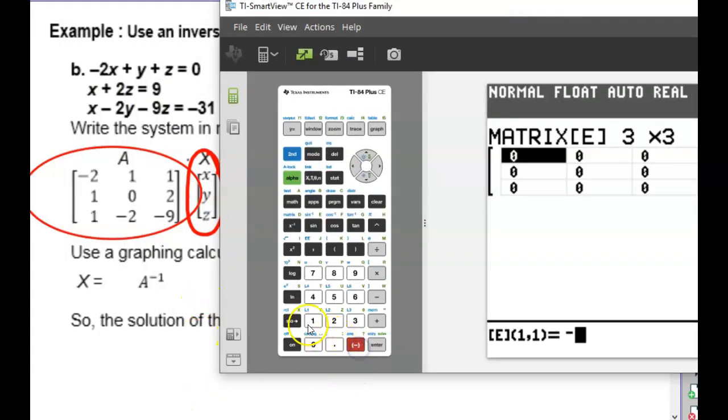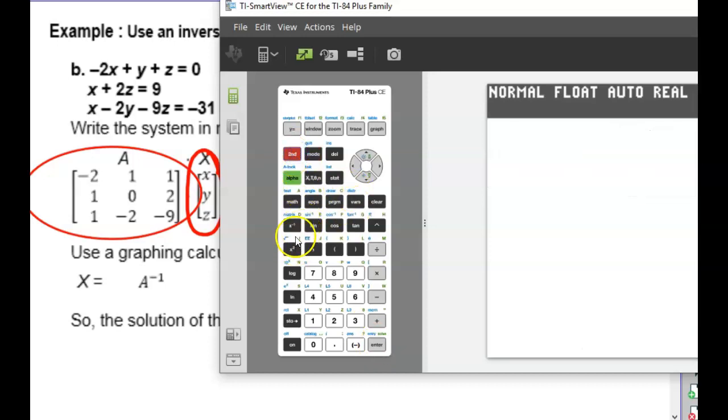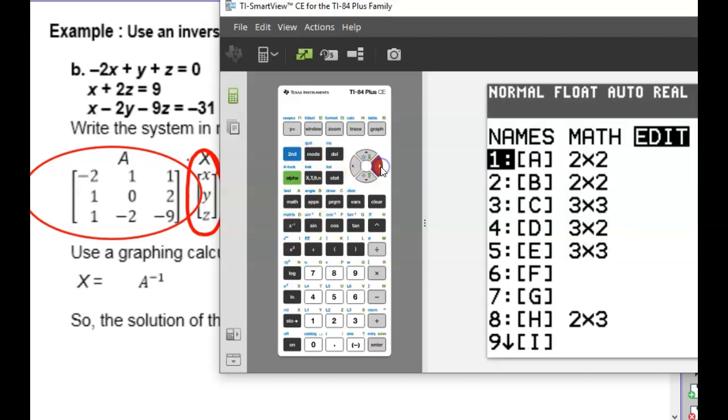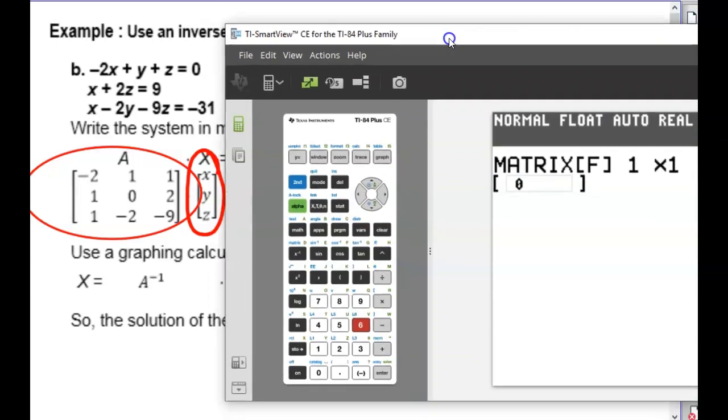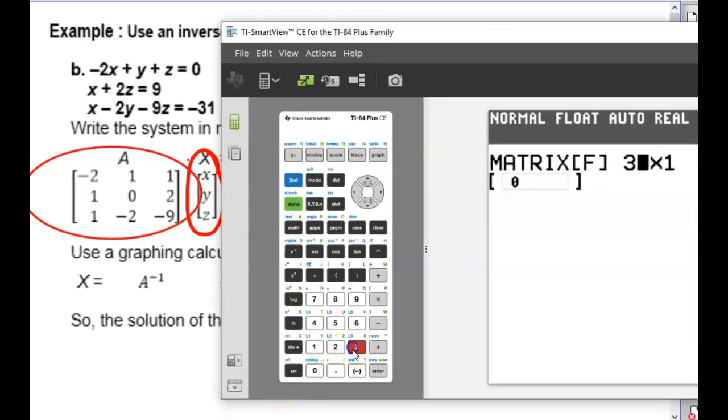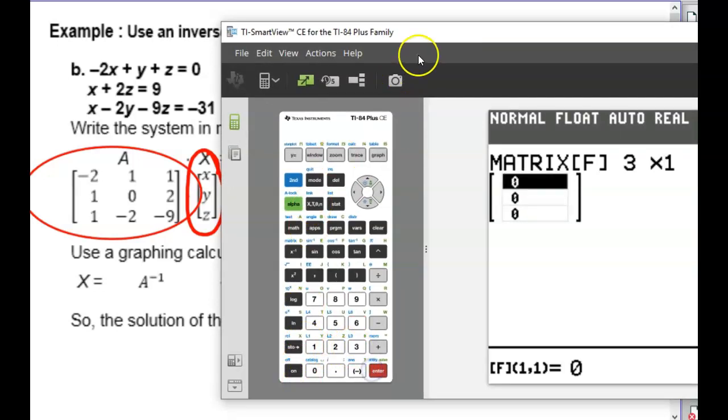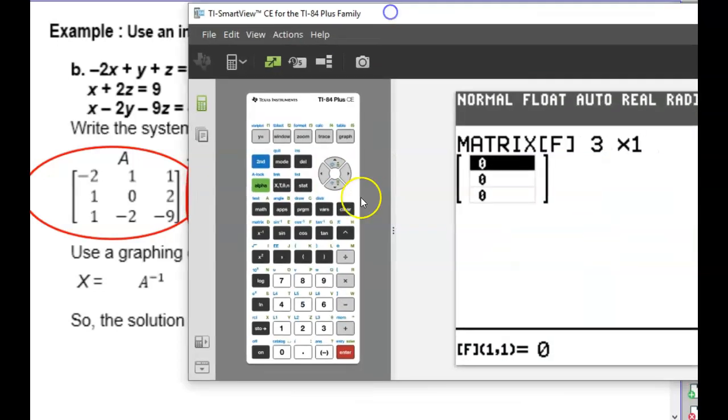All right, -2, 1, 1, 1, 0, 2, 1, -2, and -9. Did I get that one in right? I think that one's in right. I'm going to quit, go back into matrix. What size is the second one? 3 by 1, okay, and 0, 9, -31.